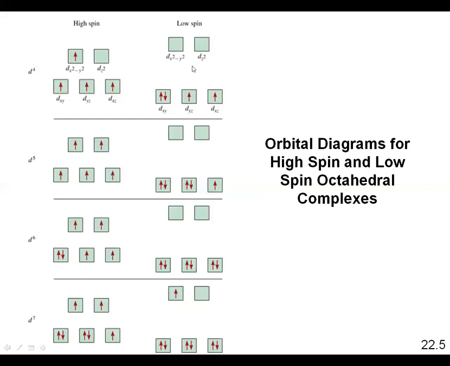Again, the difference here between the lower and the upper d orbitals is greater. That's going to allow them to want to pair off first in the lower ones before they journey upwards to the upper d orbitals. So this again is your octahedral complexes, your coordination numbers of 6.